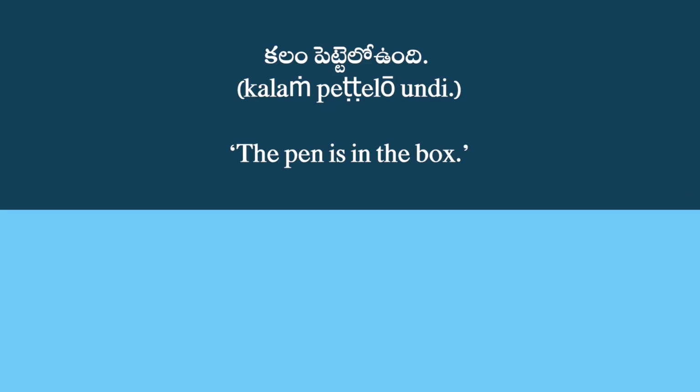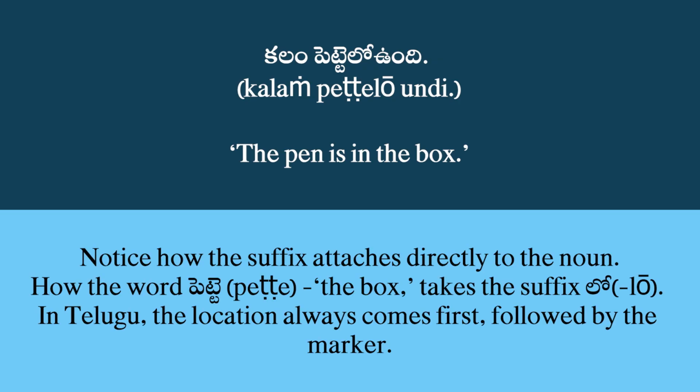Kalam pettelo undi. The pen is in the box. Notice how the suffix attaches directly to the noun, how the word petté, the box, takes the suffix lo. In Telugu, the location always comes first, followed by the marker.